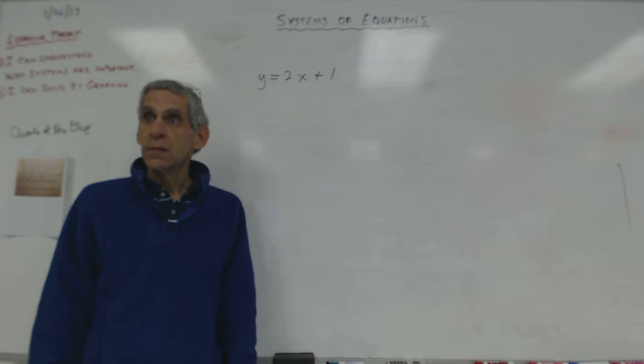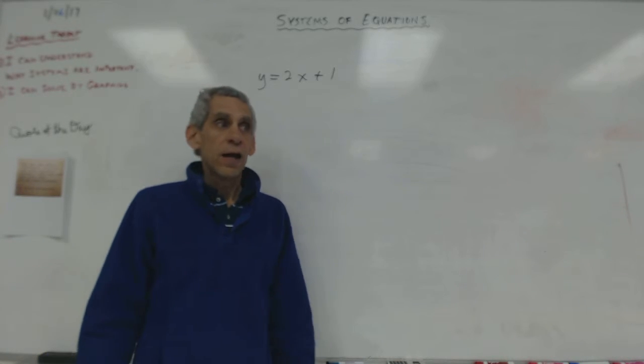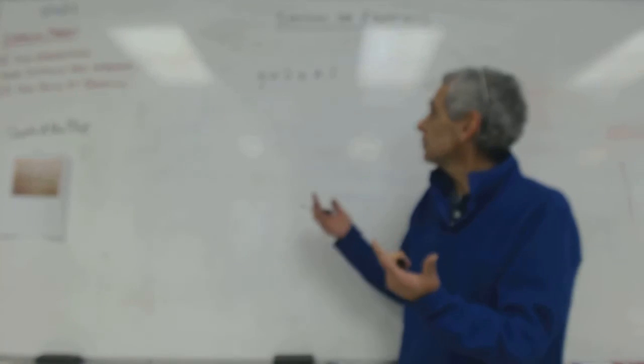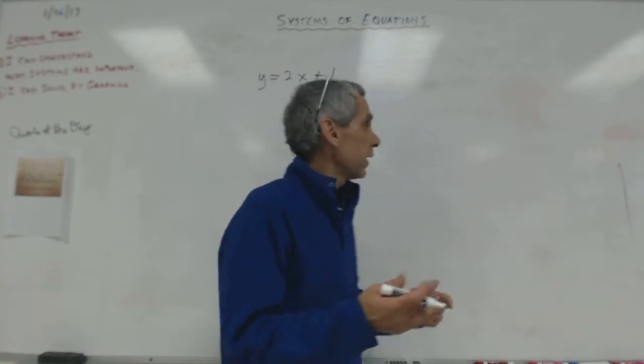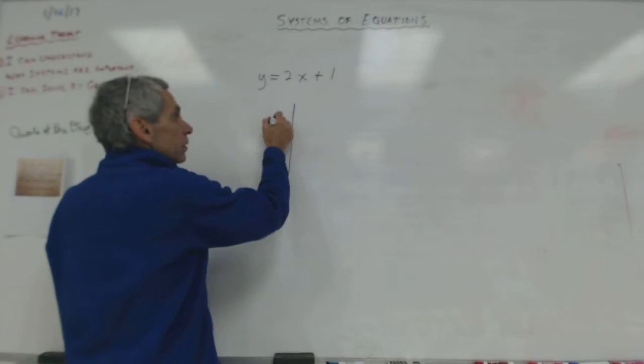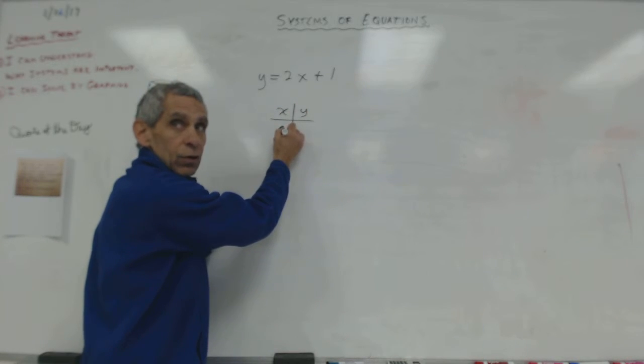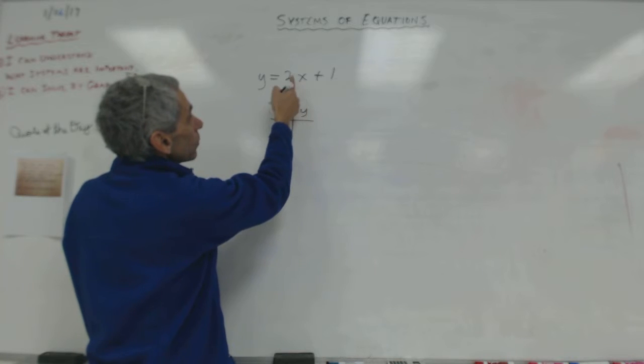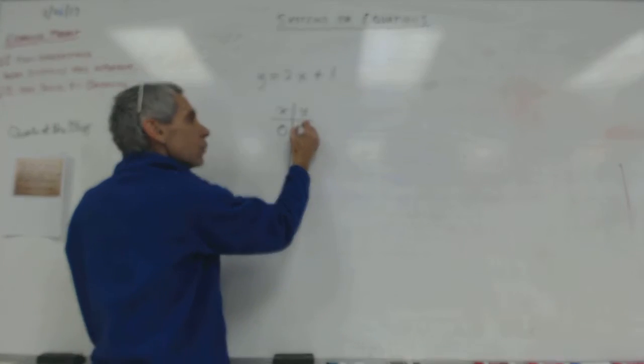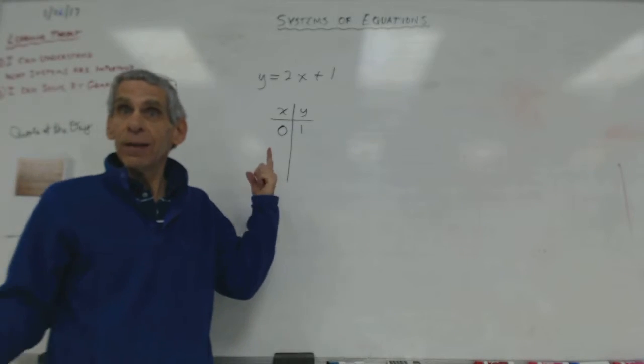Yes, I could say that, but there wouldn't be any way to do that. I could use a t-chart. If x were 0, 2 times 0 is 0, so y is equal to 1.